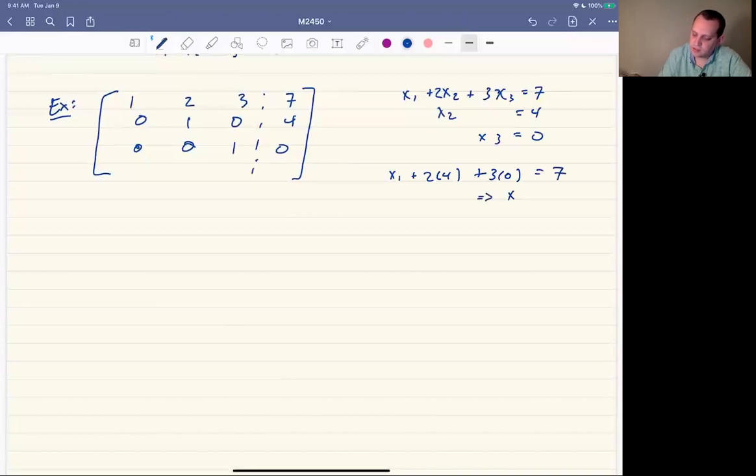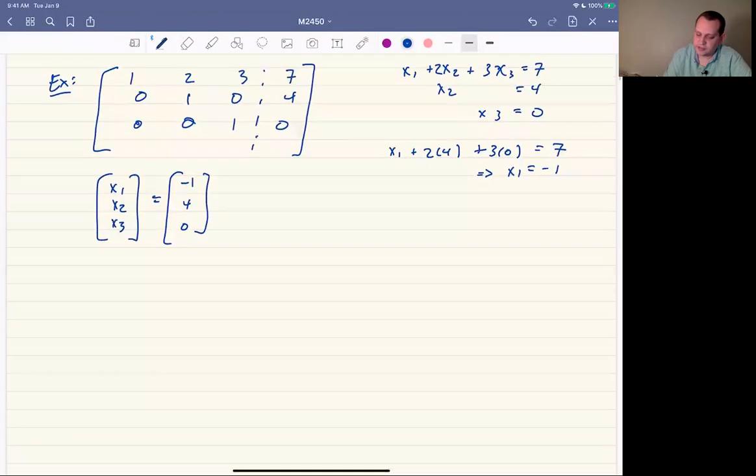So that means x1 had to be -1. So that means that our solution set, which I'm going to write as a column matrix, x1, x2, x3, is going to be -1, 4, 0. Okay, so that's how we would solve that system if we got to that row echelon form of a matrix.